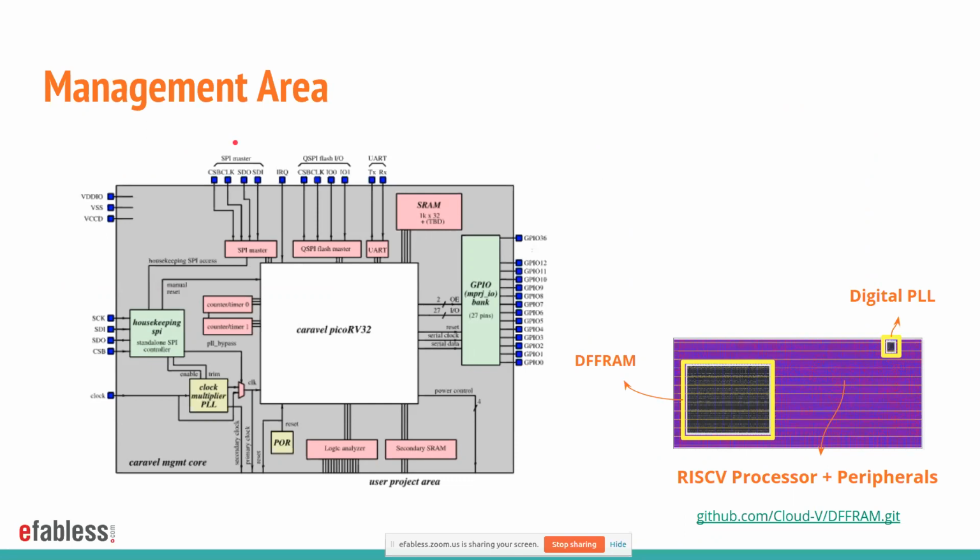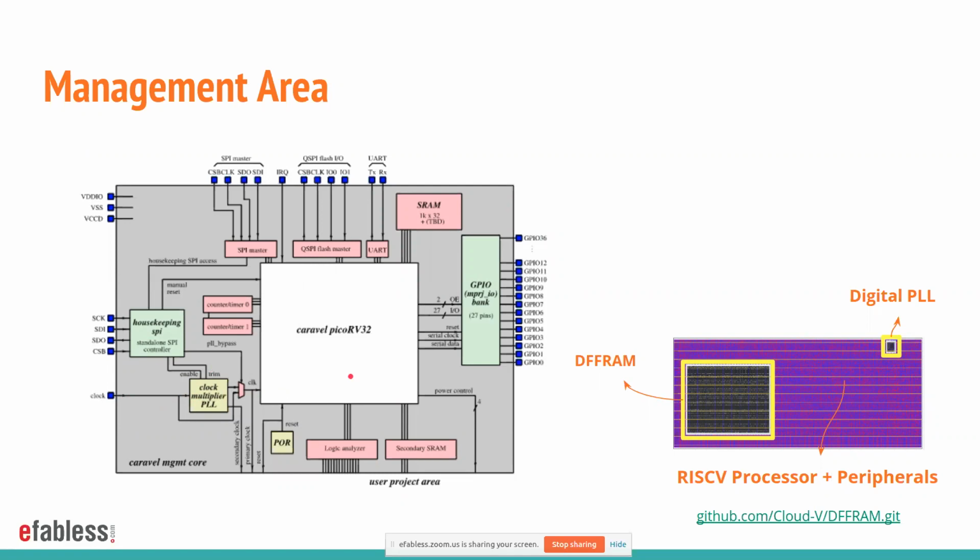It also contains a number of digital peripherals like the SPI master, the flash controller, UART, counter and timers. It also contains a digital PLL clock, which provides an option to multiply the external clock coming from the clock pad by a factor of 2. The processor also has the option to bypass the PLL completely and use the external clock as is, without any multiplication.